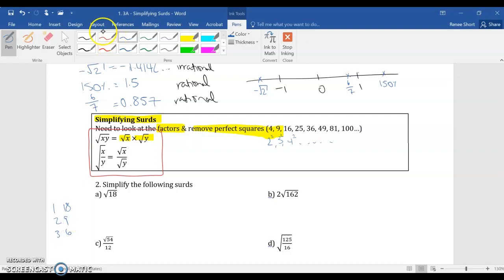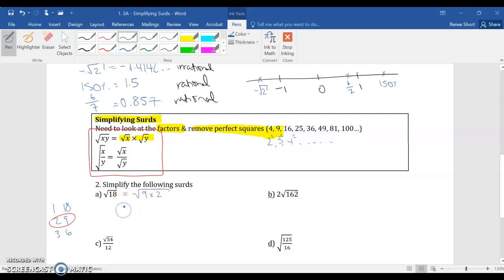And if we look at those pairs there, 2 and 9 includes a perfect square. So what we can write here is that root 18 is also equal to the square root of 2 times 9. Actually, I'm going to rewrite that as 9 times 2. You'll understand in a second.